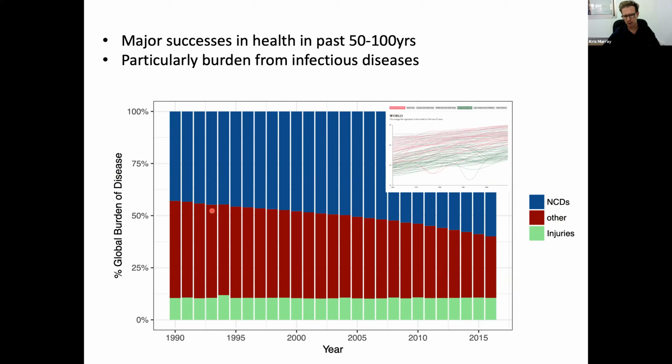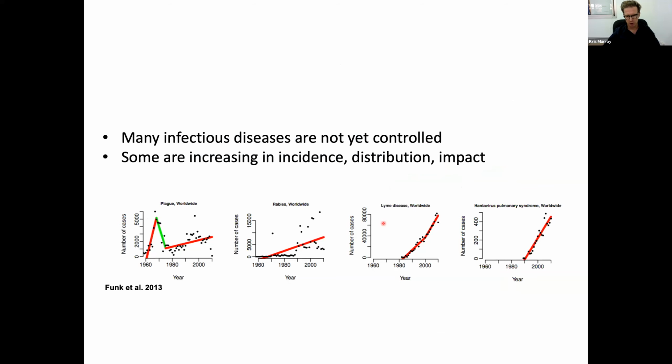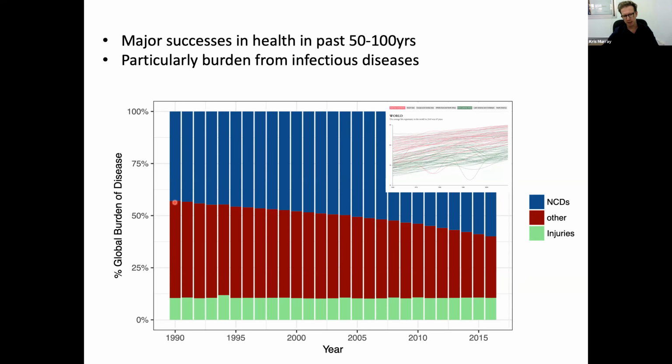So you can see that controlling infectious diseases has been one of the major success stories in global health. But that's not to say that everything's sunny and rosy. In fact, if you do extrapolate this curve, you might predict that infections go extinct more or less within maybe half a century.